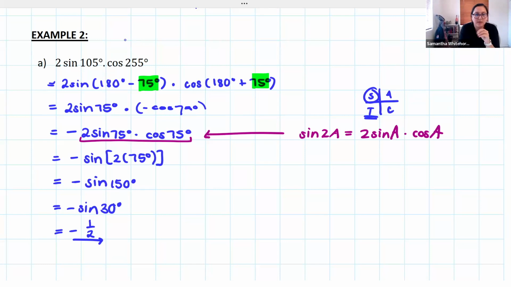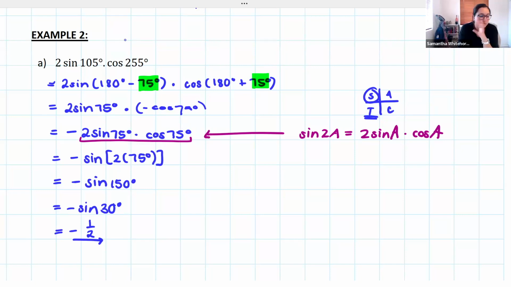It shows us the need to often, and honestly most of the time, manipulate expressions. You're going to manipulate through the knowledge that you already have. Identify what it is that you're working with. So here I could say I'm probably working with the sine double angle based on what I was given. I could see that I needed to apply a reduction formula in order to get that acute angle that would match up for my double angle, and then apply the knowledge that you already have.